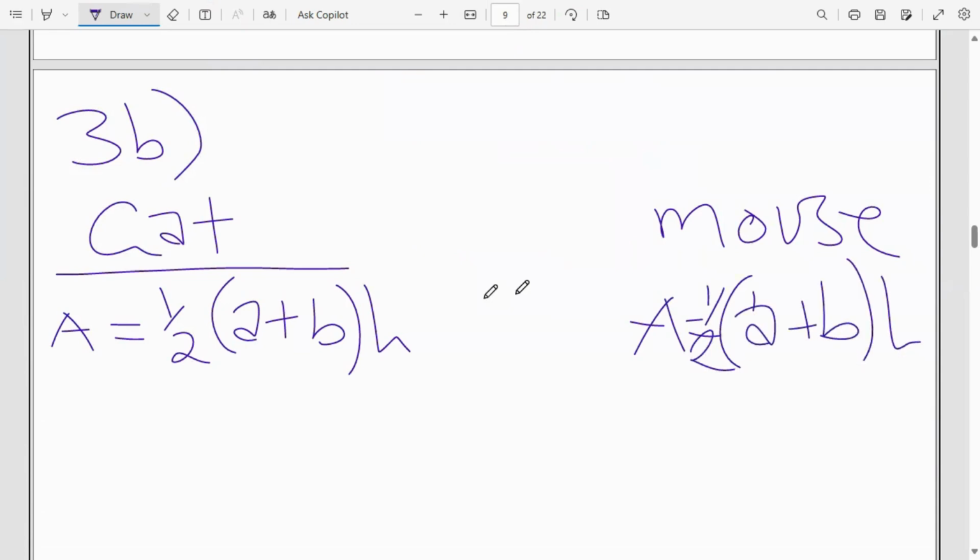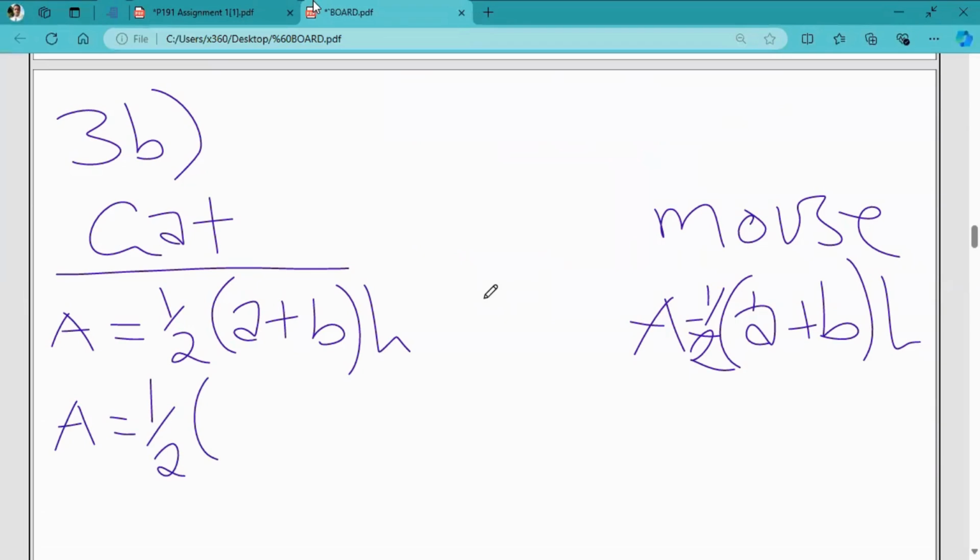So the data that we have on the cat: A will be equal to half, what is our A? We said our A is equal to 6.0, 6.0 plus 6.8 multiplied by the height, of which the height, we said it's 2.9.